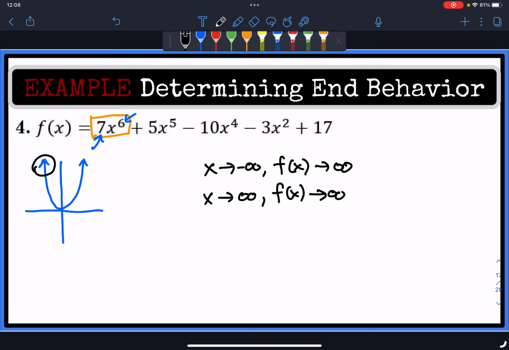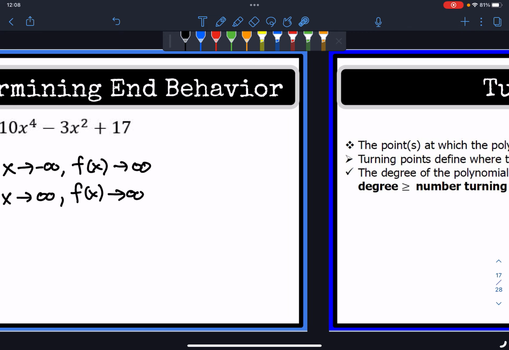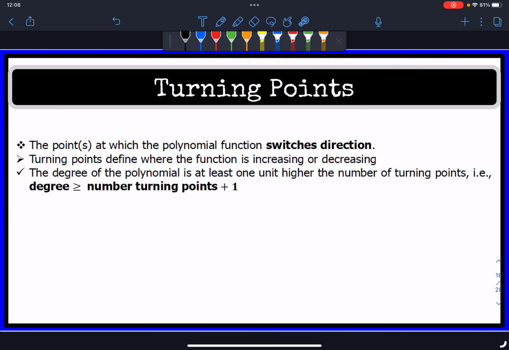Now, working backwards, we can also determine what type of numbers we're going to have at the front, the leading coefficient, and the degree of this polynomial. We do that by understanding the turning points and how many times the polynomial turns. Since a polynomial is a smooth, continuous curve, the degree of the polynomial is greater than or equal to the number of turning points plus 1.